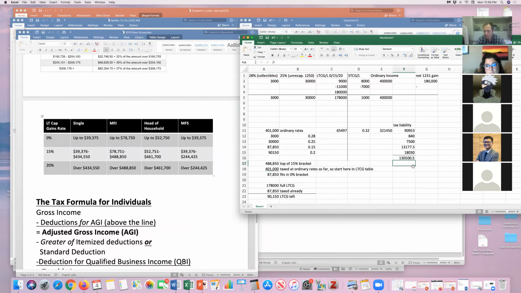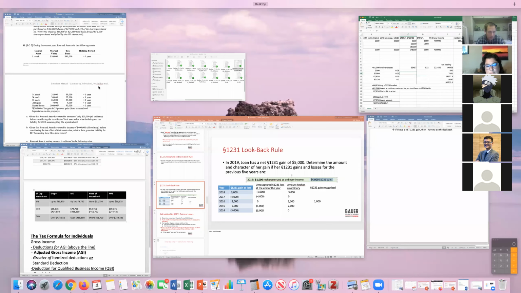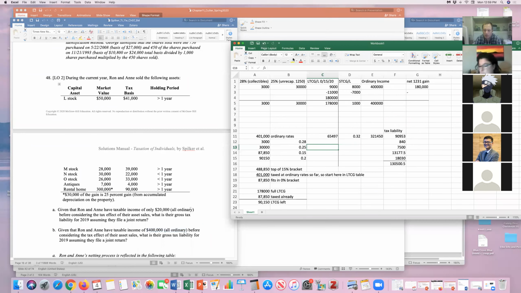And so this would be their tax liability in Part B. Okay, so that one's mostly good. We did a little bit of putting things in the right category and doing the capital gains when it's across different brackets. Any questions there?